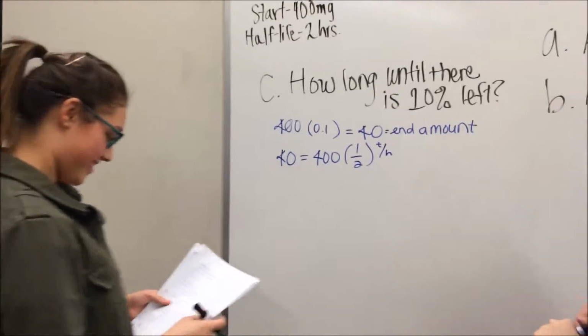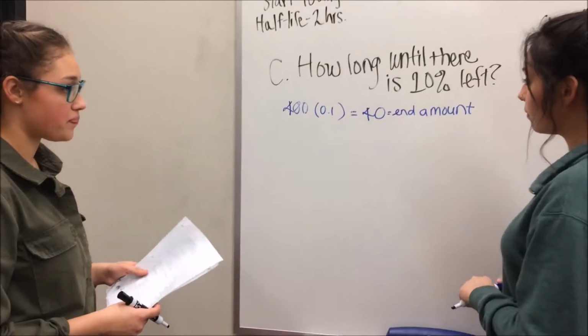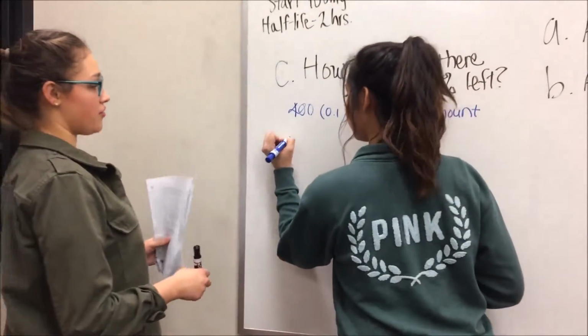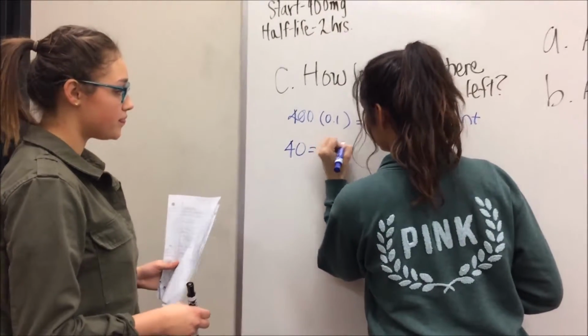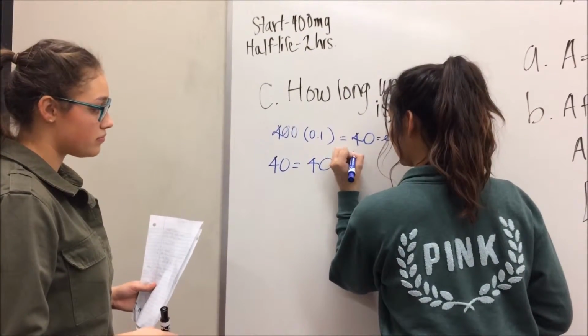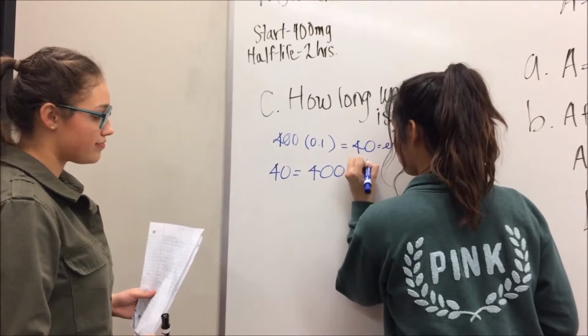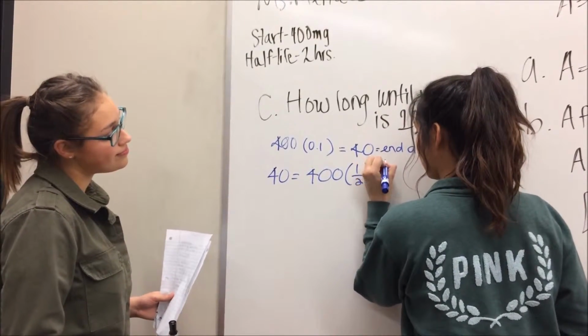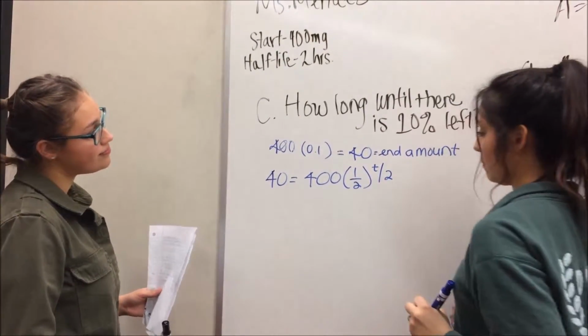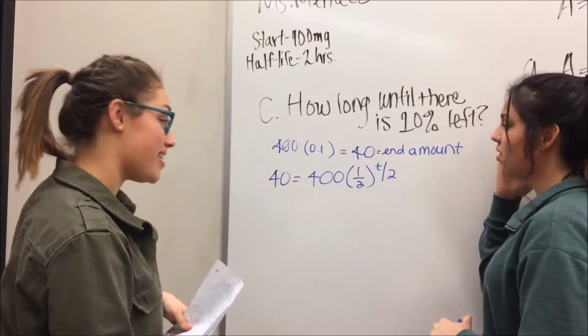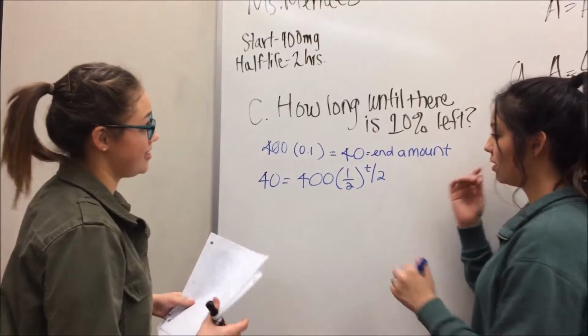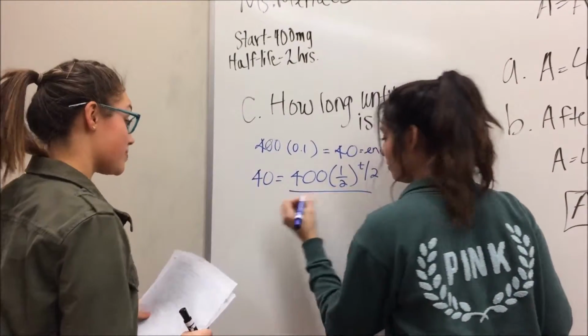So plug it all into the formula. Yep, seems correct. And what's next? Divide by your start amount. 400. Yep.